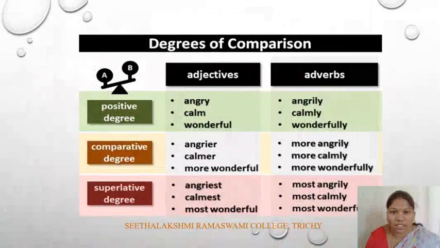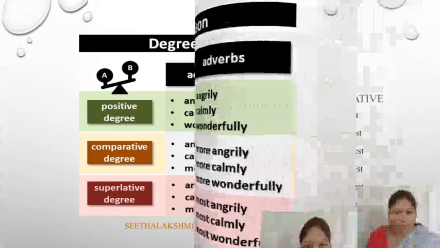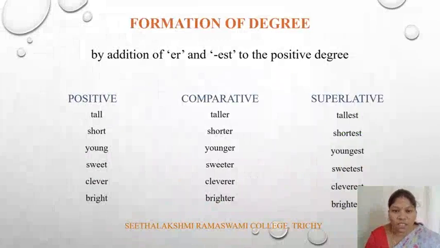In this slide, you can see the formation of adjectives and adverbs in all the three degrees. Here in this slide, we can see the formation of degree by addition of er and est to the positive degree.